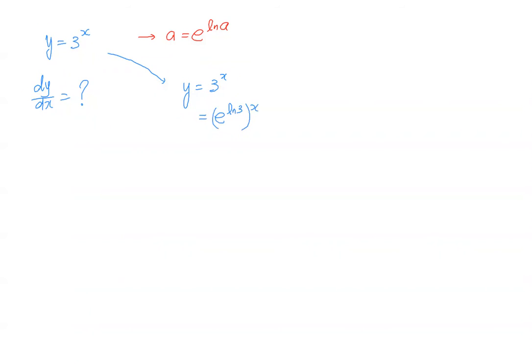That is how you write it. Then e to the power of a, then to the power of b, I can write as e to the power a times b, correct? Yes.